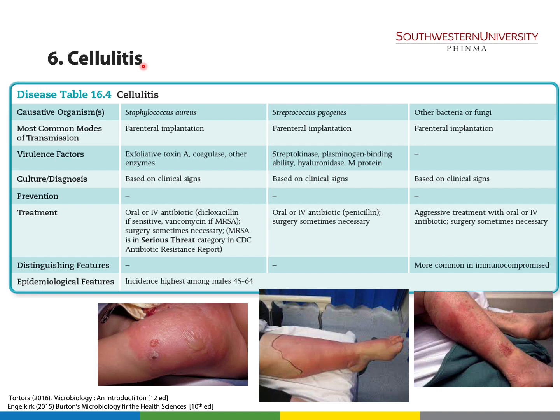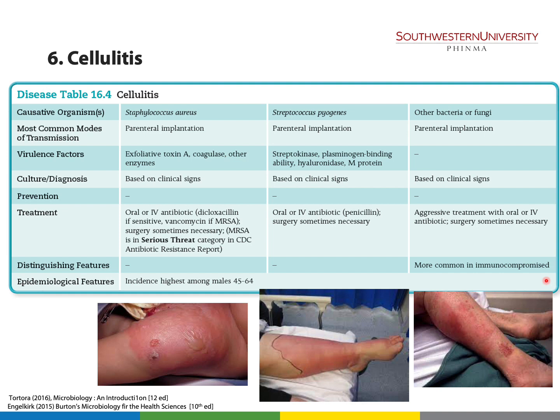Red lines leading away from the area are visible. The symptoms are the result of microbes and inflammatory products being carried by the lymphatic system. Bacteremia could also develop, but uncomplicated cellulitis has a good prognosis.